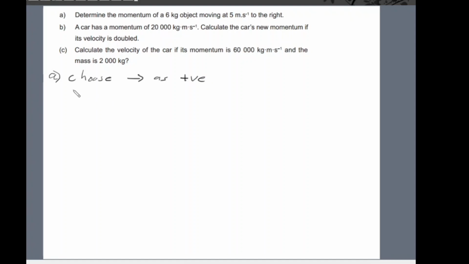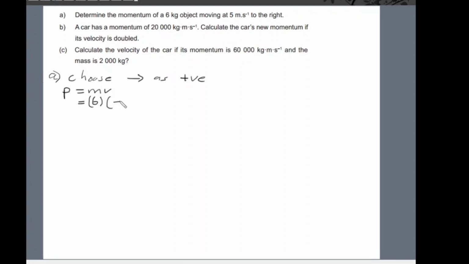Choose the direction to the right as positive, and then we know the formula for linear momentum is p equals mv, right? So here we substitute the mass of the object, which is 6 kg, and then times the velocity, which is 5 meters per second to the right.